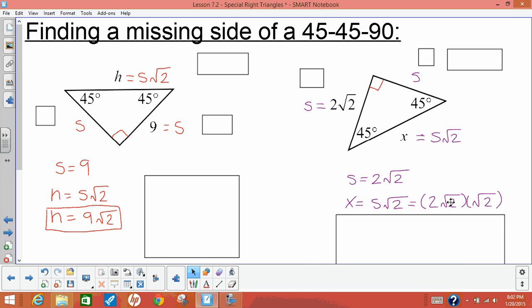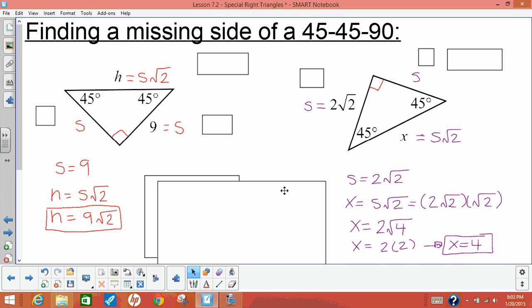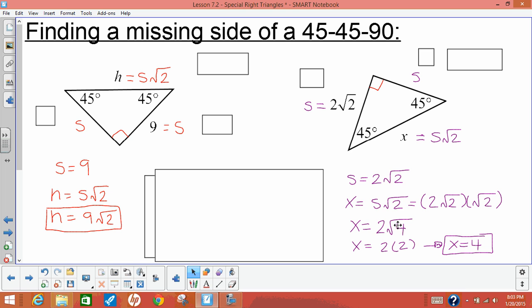So I can multiply root 2 times root 2, and that gives me 2 times root 4. We know that the square root of 4 is 2, and we can multiply one last time and get that X is 4. Again, if this multiplication of the radicals was a little confusing to you, go ahead and check out that review video.